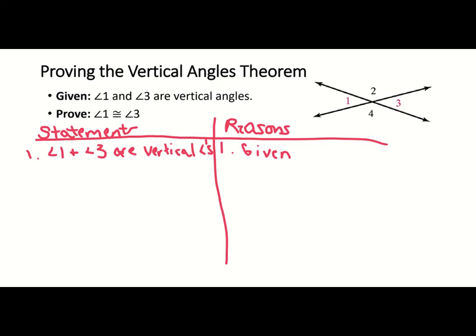Look for a linear pair. I do know that we have angles 2 and 3 form a linear pair. So I'm going to put that on there. So I'm going to say angle 2 and angle 3 form a linear pair.